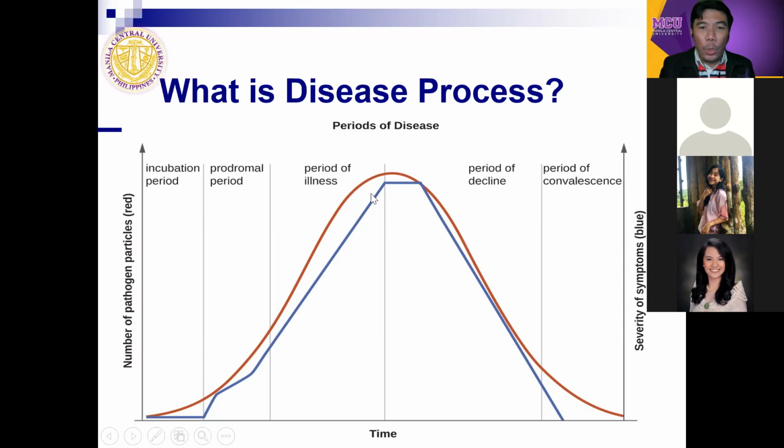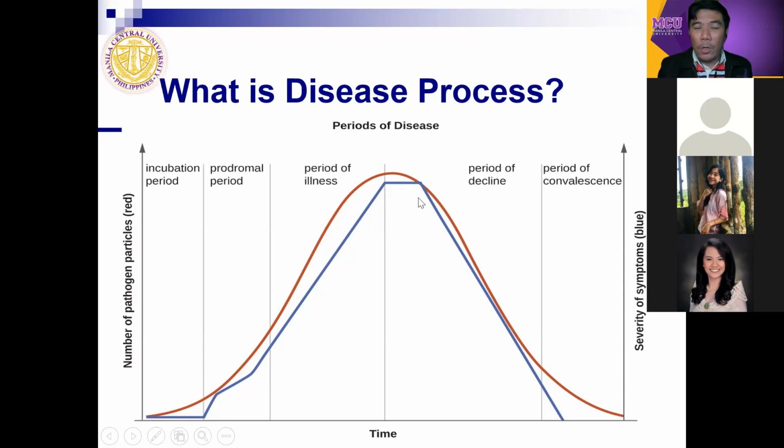Now, once it reaches the top, this is the peak of severity and the peak at which the pathogens are increased. If you will notice in the red graph, as the pathogens, the virus, increase, the manifestations also appear.